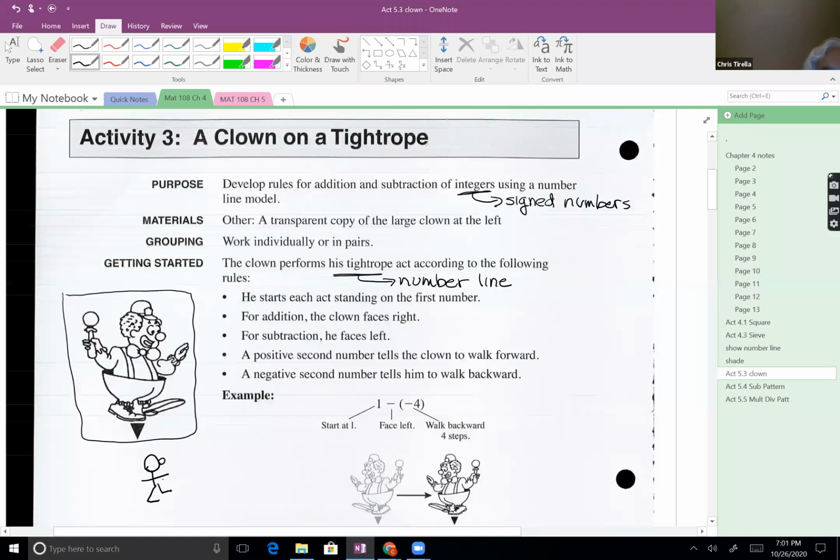There's my clown facing to the right. For subtraction, instead he's going to face the other direction, towards the left. For a positive second number, he's going to walk forward. For a negative second number, he's going to walk backwards.